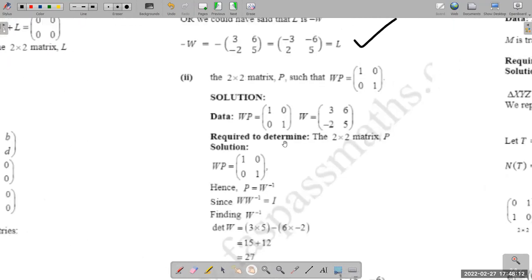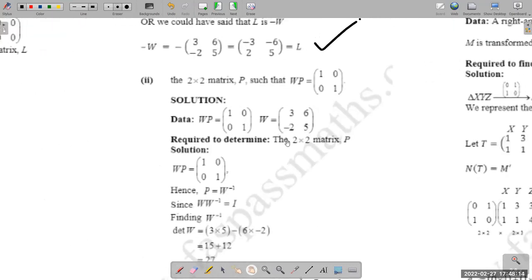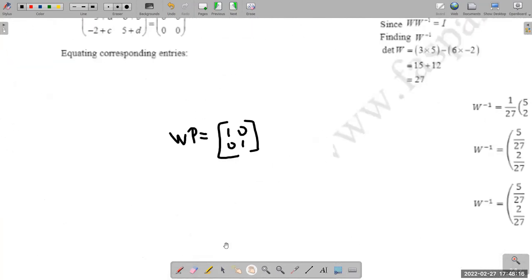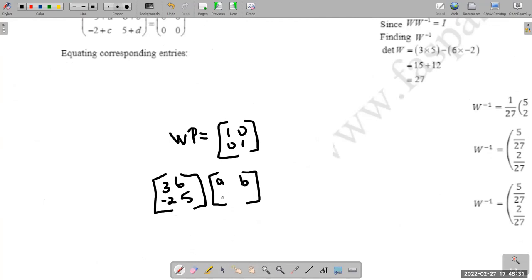What was W? Look at here, 3, 6, negative 2, 5, times some other matrix. We're going to use some letters to represent that. Let's use A, B, C, D. So WP is equal to this.